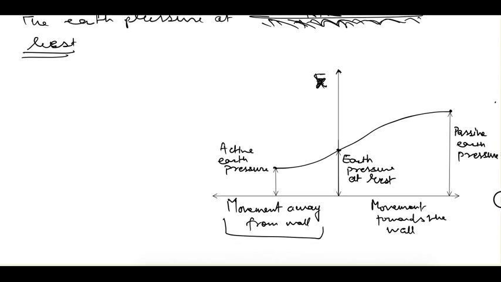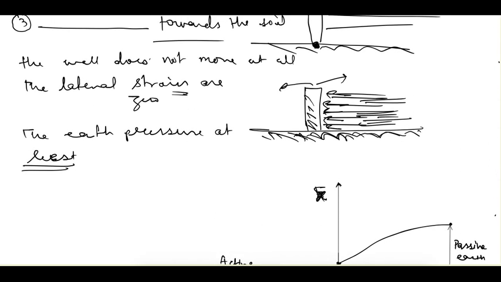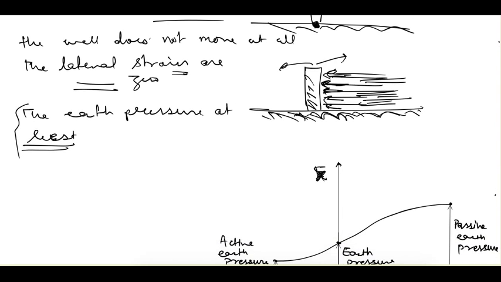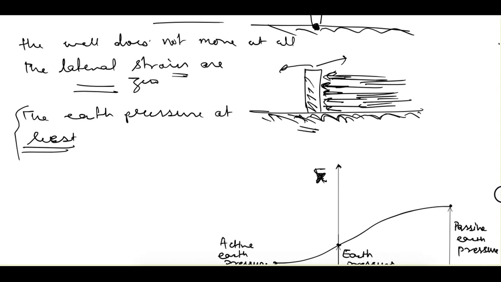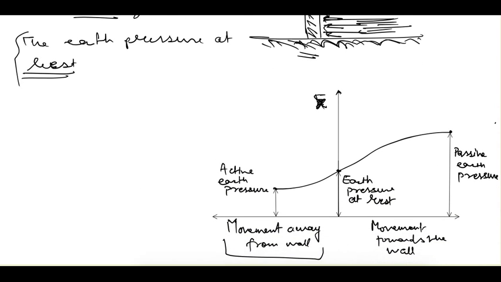That we'll understand in a minute. So the first case we saw is that when the wall does not move, the lateral strains are 0 and the pressure in that condition which is applied by the soil on the wall is called earth pressure at rest. We'll derive the formula for it later, but let's consider the three cases first.